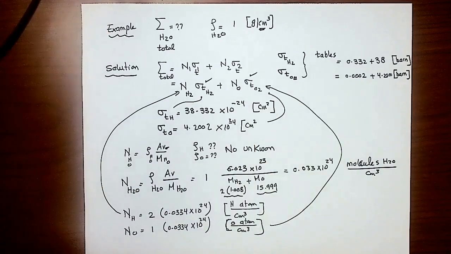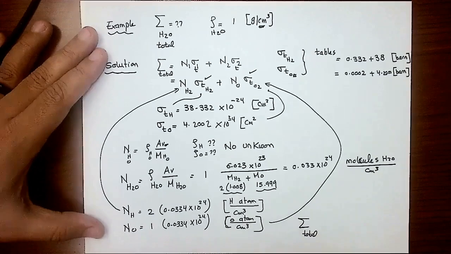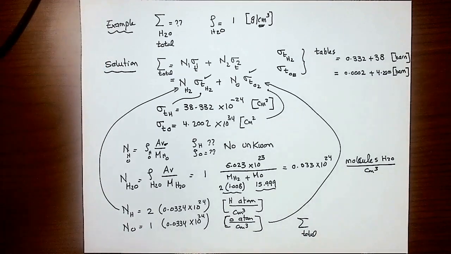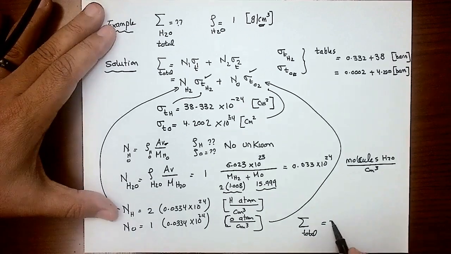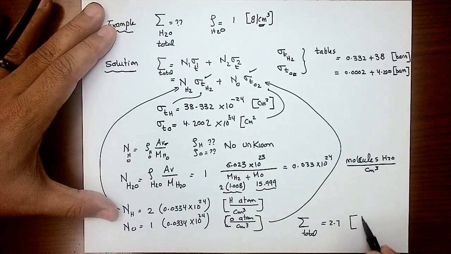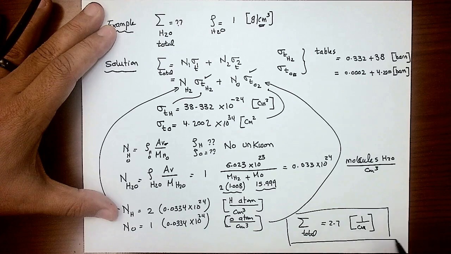Now I can substitute and calculate the capital sigma for H2O, which is a compound, by knowing the details of the components of that compound. The final number I'm getting for sigma total is 2.71 per centimeter. Again, that's the unit of sigma.